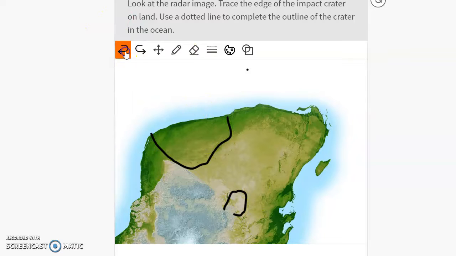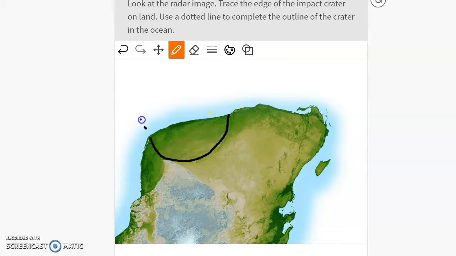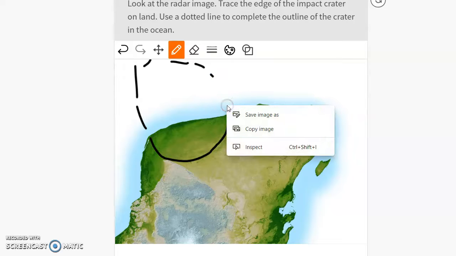So hold on, let's make sure it's clear. I feel like that's not clear enough. Here's the crater here. Dotted line to show where the crater was also in the ocean.